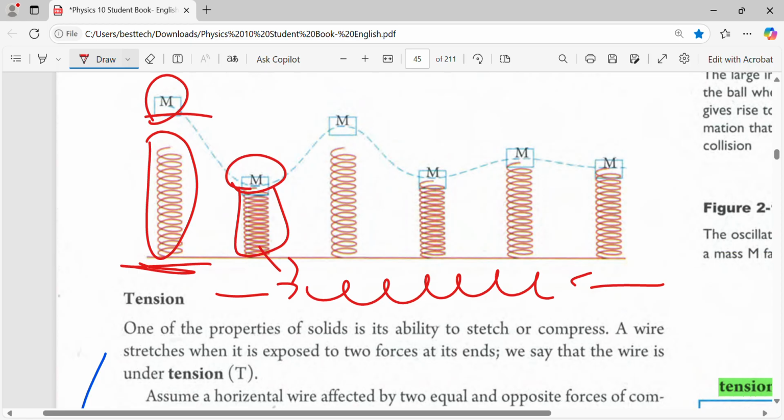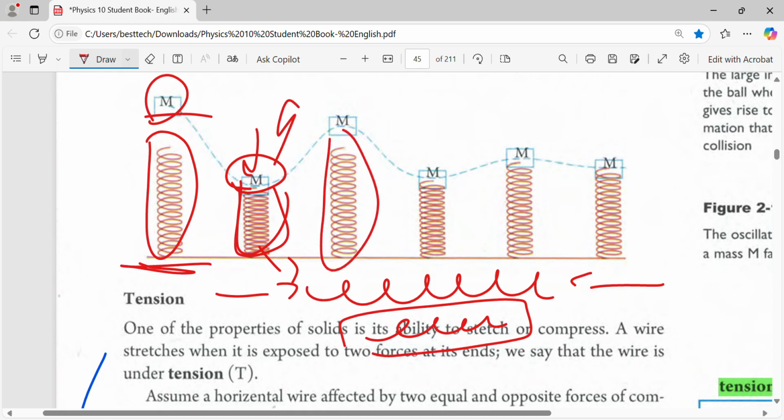You compress it and the structure gets so small. So this is the same: applying force on this spring changes the structure. Apply the object, and after a while remove this object. Pick it up, and this spring returns back to the original shape. So that means the spring is elastic.